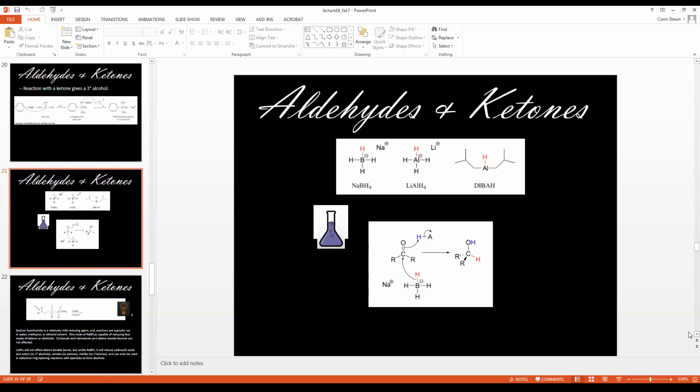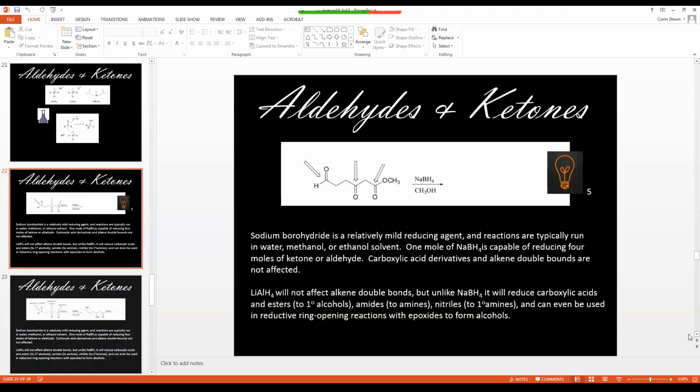This is a hydrogen that actually carries the electrons with it and functions as a nucleophile. So as shown in the mechanism here, these hydrides attack as the nucleophile and electrophile, and then if there's a protic acid that's available, the O- that's generated is going to take that proton and form an alcohol.